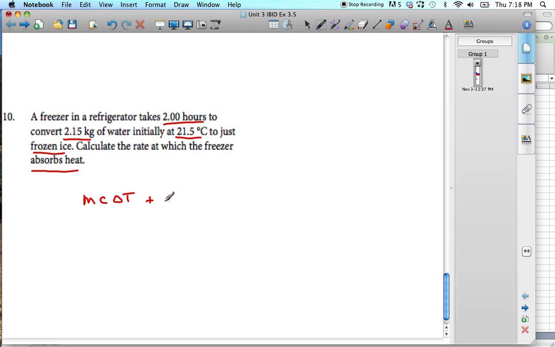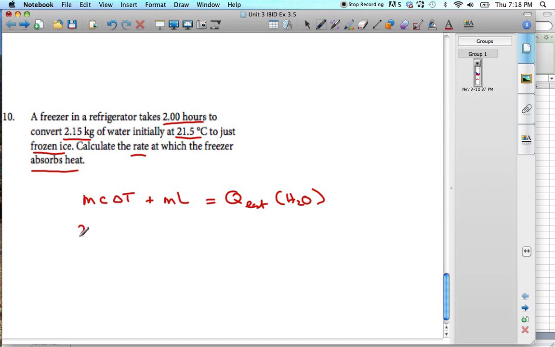So we're getting a phase change there, and that's going to equal mL, and that's going to be the Q lost by the water, which has to be absorbed by the fridge, which has to be taken out by the fridge, and we can work out the rate, basically the power that the freezer is absorbing that heat.